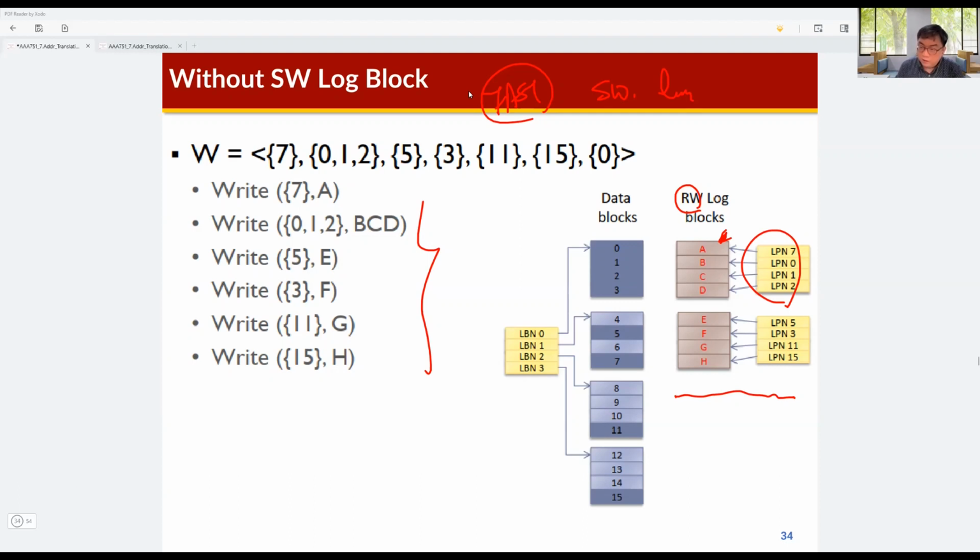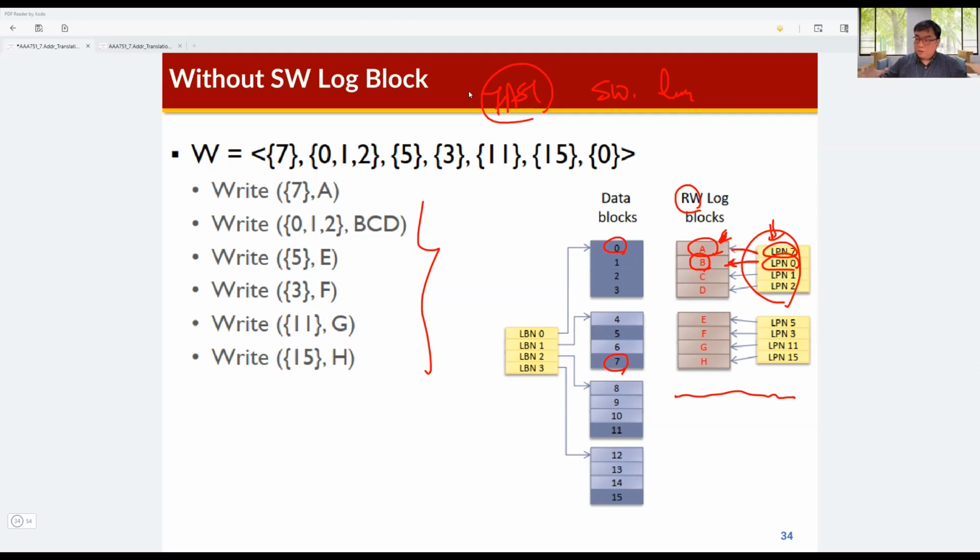The logical page number 7 is assigned to this page A, and page number 0 is assigned to this page B. We know that logical page number 7 is here, and logical page number 0 is here.